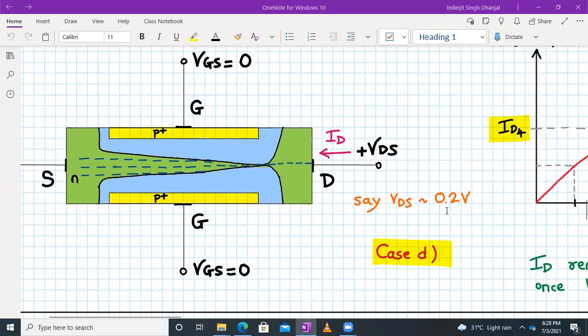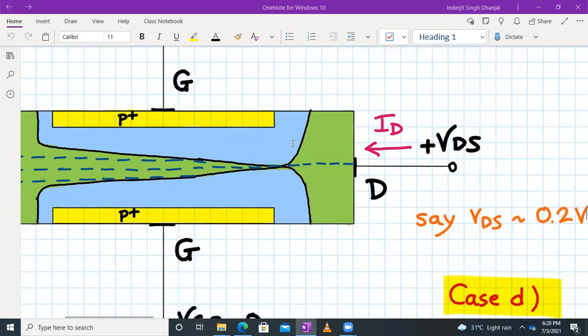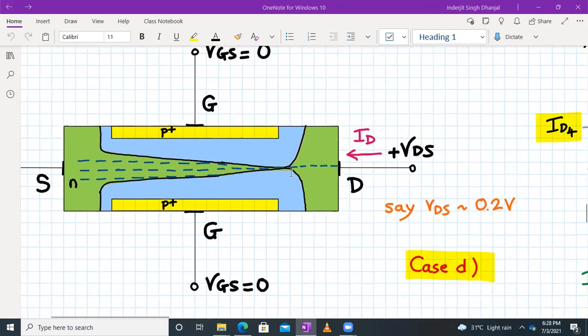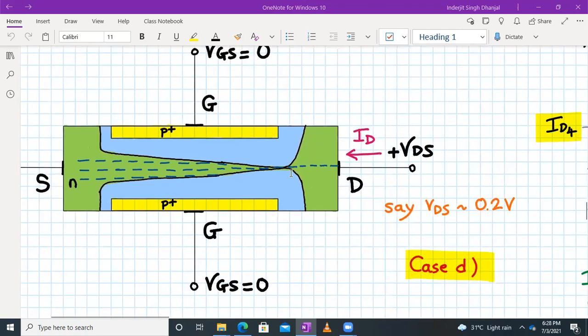So what is this condition? The increase in the drain to source voltage has become so large that the channel has become pinched off at the drain end. Okay, the channel is almost pinched off at the drain end. So over here, any further increase in VDS will not increase the drain current now. We can say that the drain voltage VDS at pinch off is VDS sat.